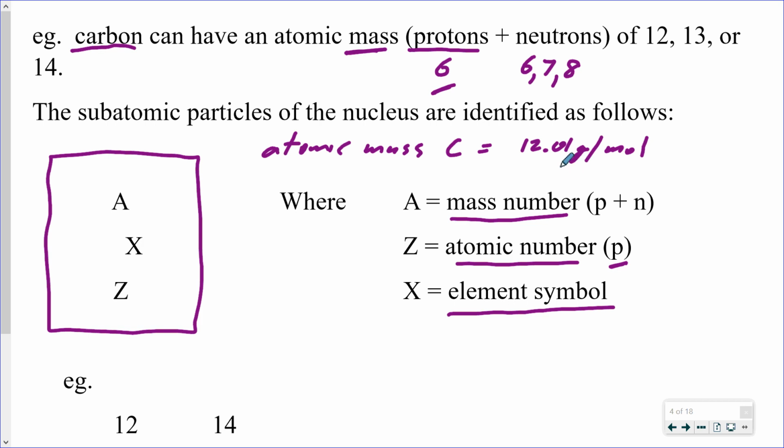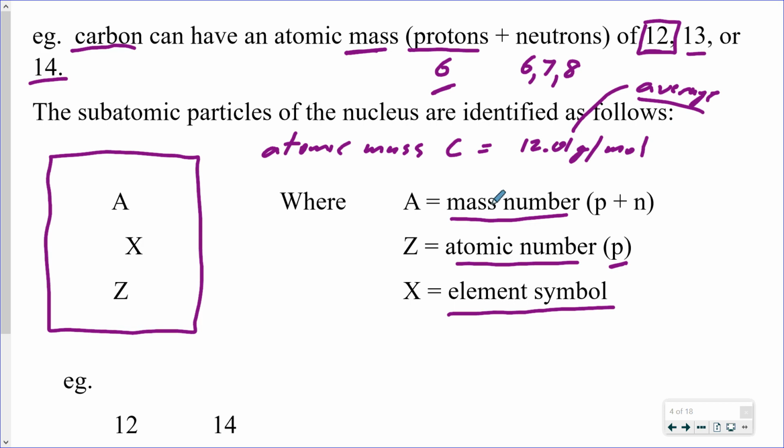But the carbon that's naturally occurring is actually made up of a combination of these different versions. The most common version is this one here. So this number, 12.01, is actually an average mass for all of the naturally occurring carbon.